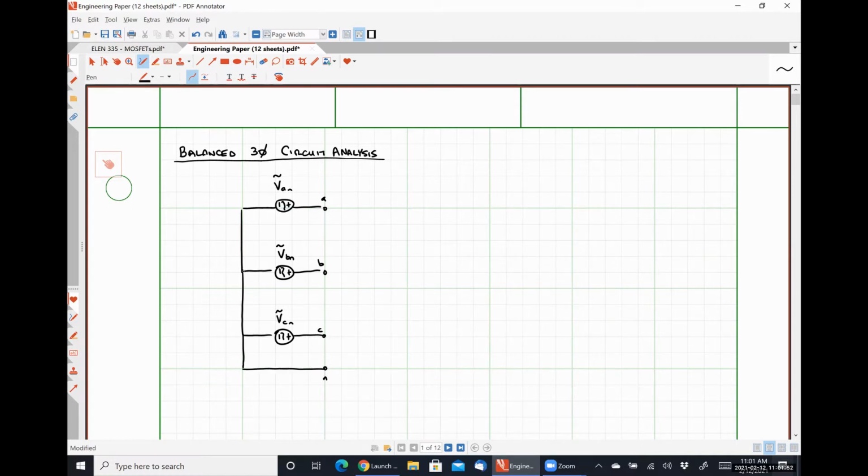So we're going to have a Y-connected source. Over here, we are going to have a Y-connected load.